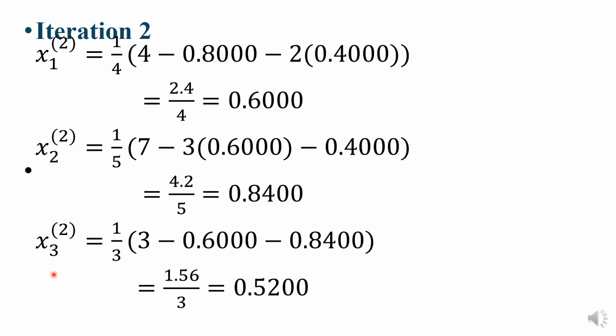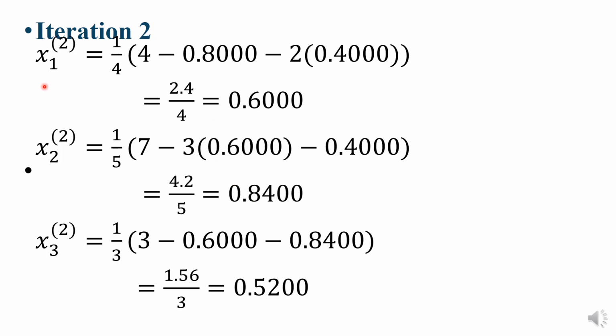Now x3, 3 minus... you can see here we found x1, then we put it here, and we found x2, then we put it here. We don't wait for another iteration in the Gauss-Seidel method. This is the main point. If we find any element, then we put it.